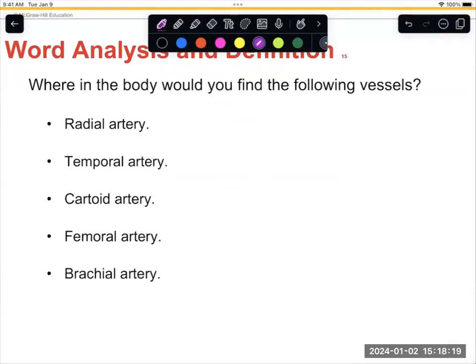So let's look at where we would find these in the body. Radial artery is in that forearm, through the wrist, and it actually goes down into some of your fingers. Temporal artery is at the side of the head.